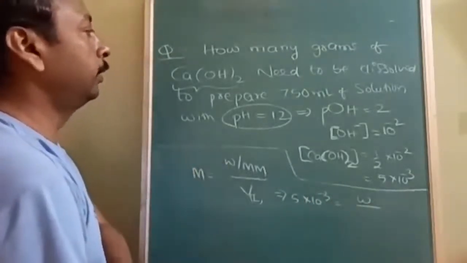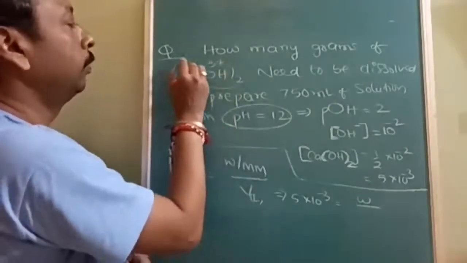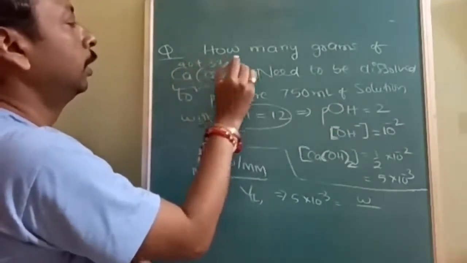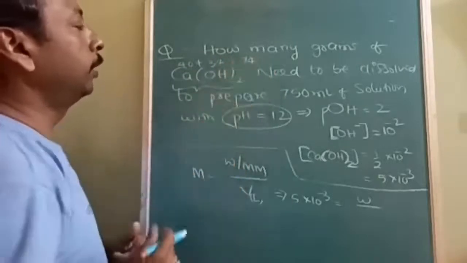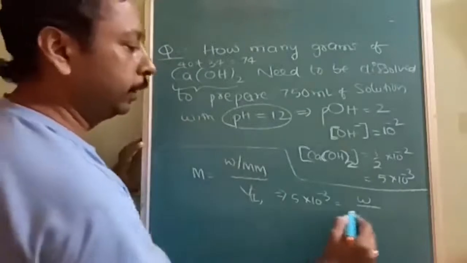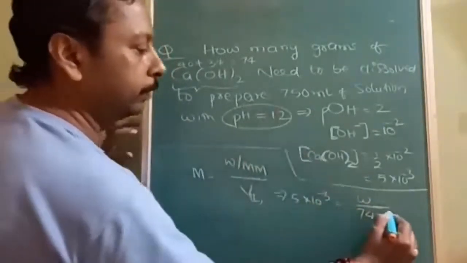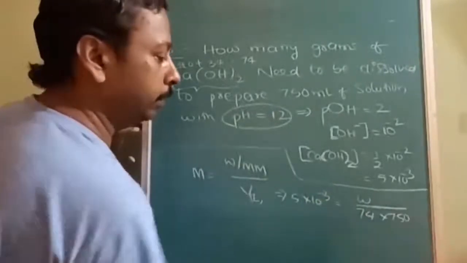Okay. Calcium hydroxide mass. It is 34 plus 40. It is going to be 74. Am I correct? Okay. 74 is the molecular mass into 0.750. Directly I am writing as a liter. Okay.